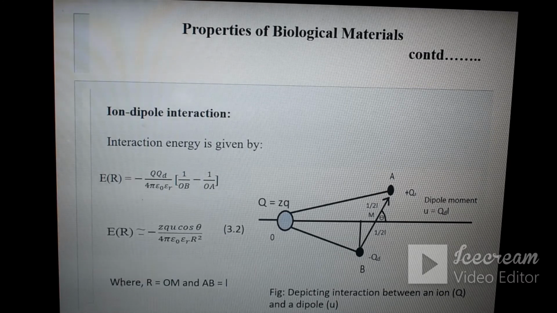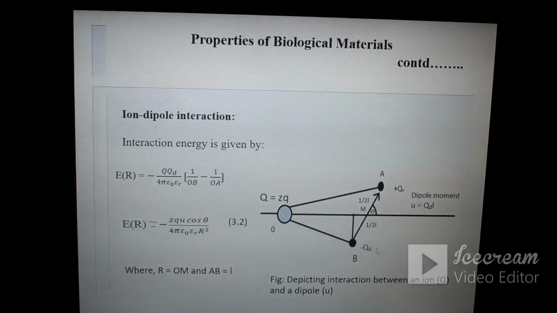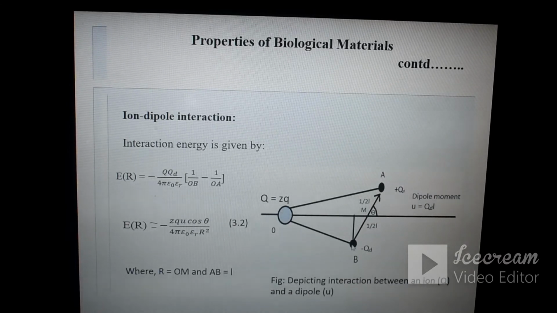Referring to one ion and one dipole, the interaction energy is given by this expression. This also has been derived by using Coulomb's law. This figure depicts the interaction between an ion Q and a dipole, mu equal to QdL, where mu is the dipole moment and L is the distance between the two charges, plus Qd and minus Qd, forming a dipole.